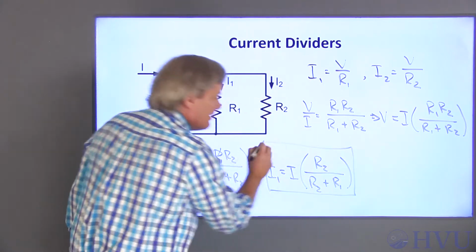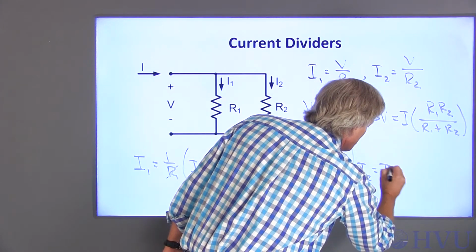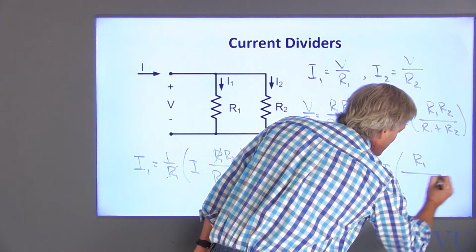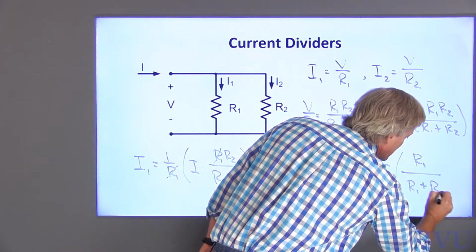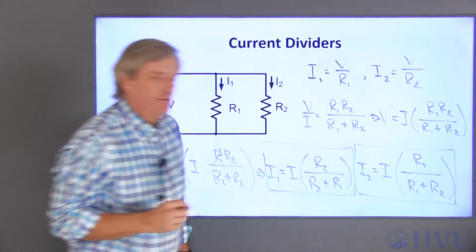There's one of our current divider relationships. If I do the same thing, I2 is equal to the total current I times the other resistance, R1, over R1 plus R2. There's our other current divider relationship.